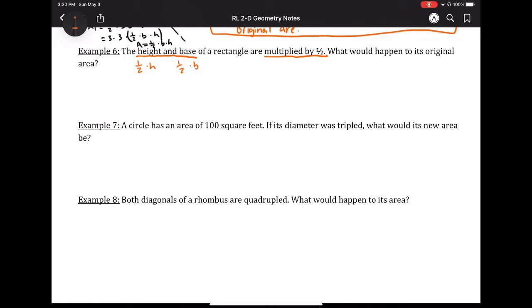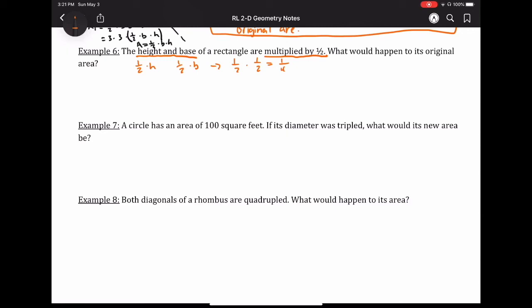That's 1/2 times 1/2 for our change. When you're multiplying fractions, you multiply straight across. So I have 1 times 1 on the top and 2 times 2 on the bottom, which is 4. So I have 1/4. So the original area is being changed by a factor of 1/4.